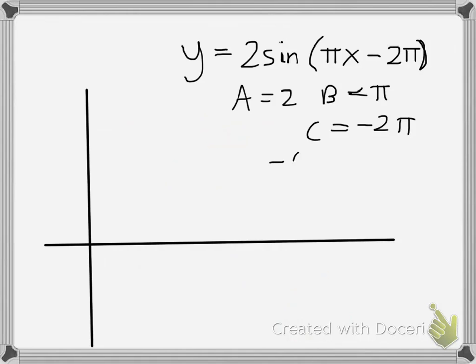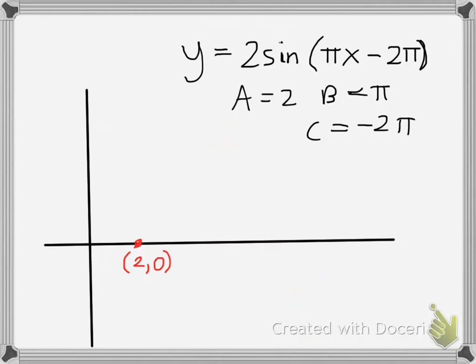So that would be minus minus 2 pi divided by b, which is pi, which would be 2 pi over pi, which is just 2. So this wave will start 2 units from the origin at (2, 0). So (2, 0) is where the wave will start.